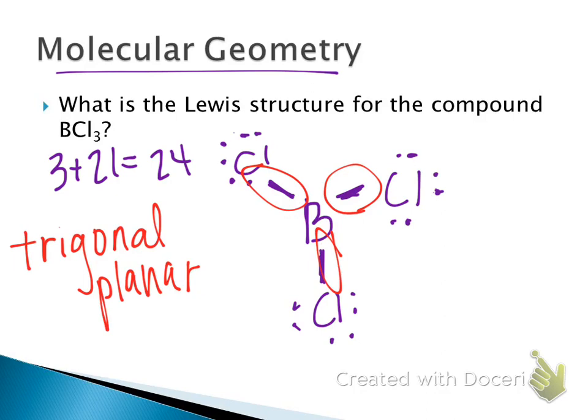You got to know that boron is most of the time okay. That's the one exception that's okay. And then third row or below are okay having expanded octets. That's just how it goes. Yeah, it's a little bit tricky. Most of the time boron is just going to have 3.